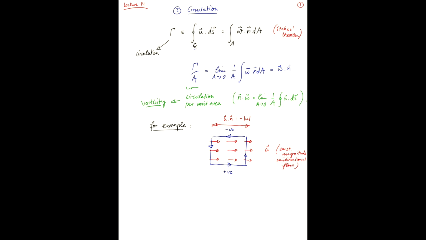Whereas down here for this line element we have u dot n is positive, just the magnitude of u. For the two sides, we know that u dot n is 0.